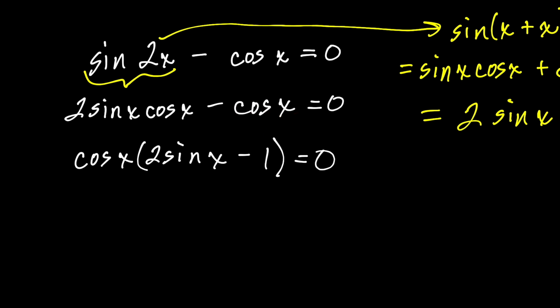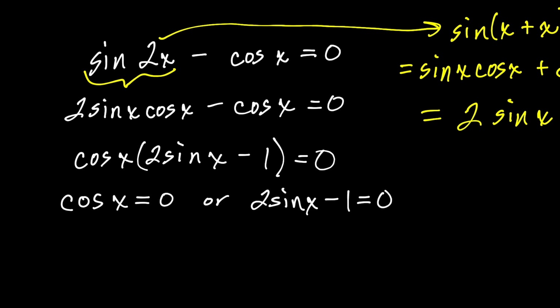So what we have is a multiplication here. If this times that equals 0, either this is 0 or that is 0, right? Zero product property. So I'm going to say cosine of x equals 0, or 2 sine of x minus 1 equals 0.